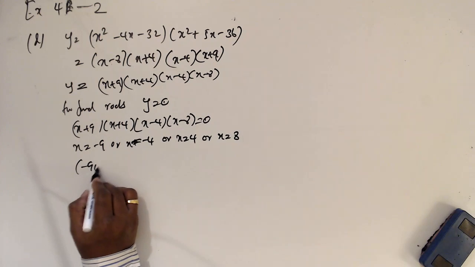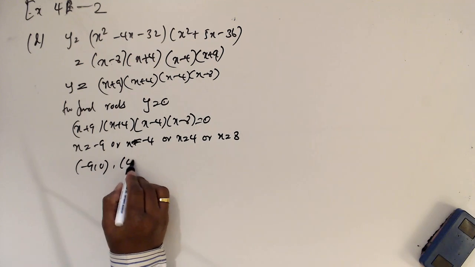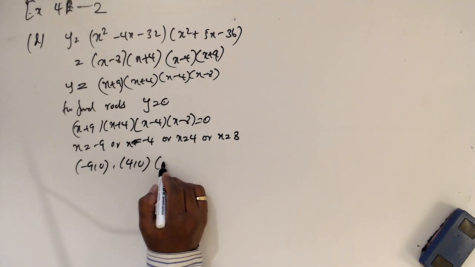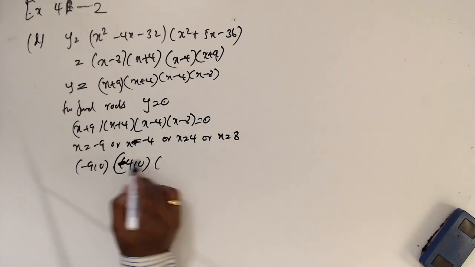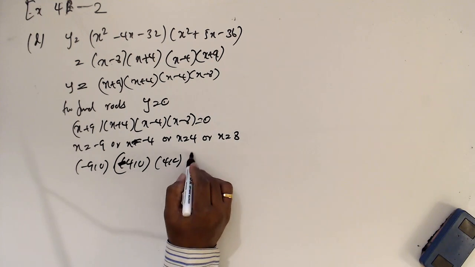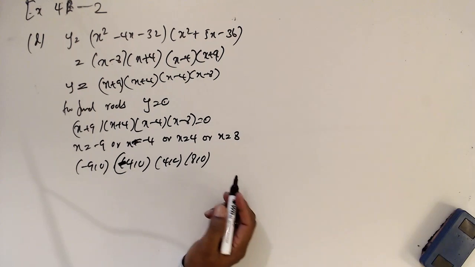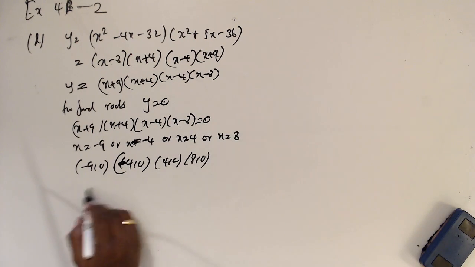Now (-9, 0), (-4, 0), (4, 0), (8, 0), 4 roots there.